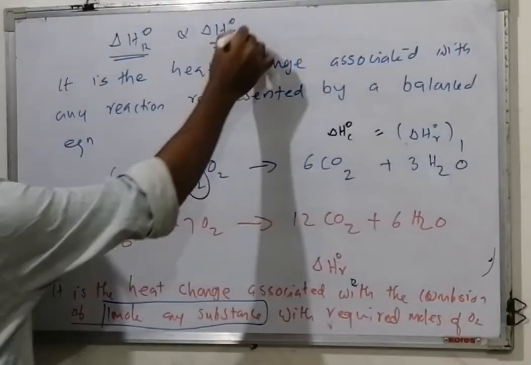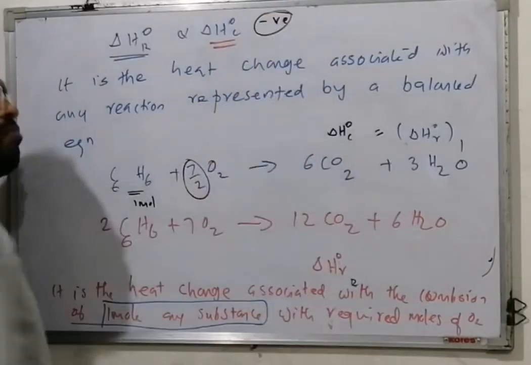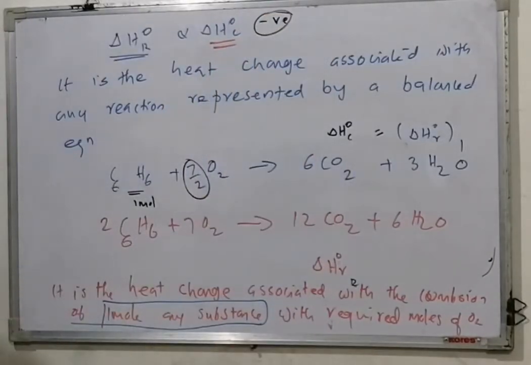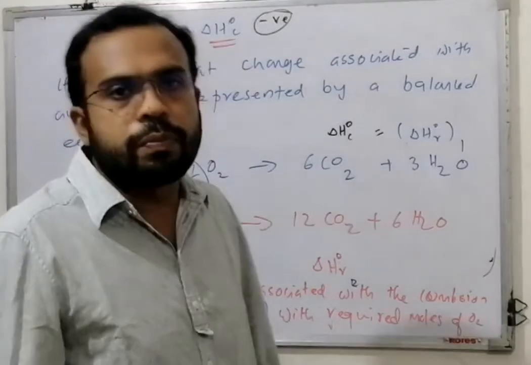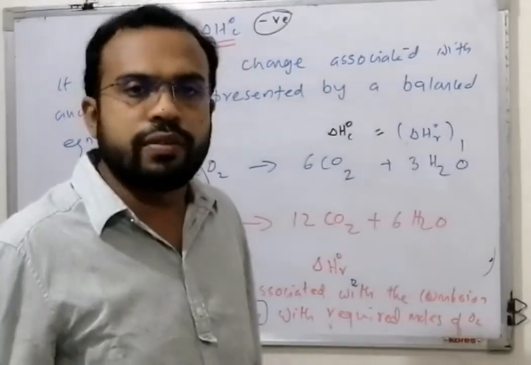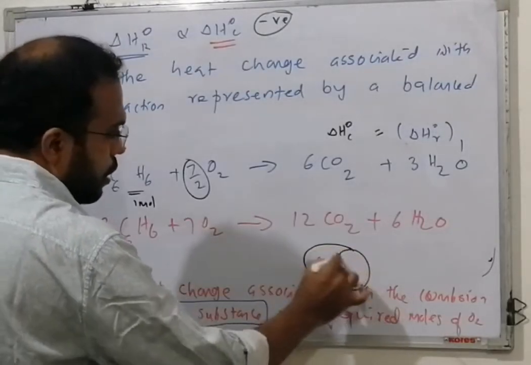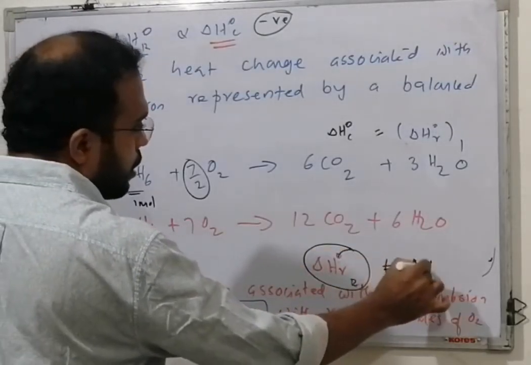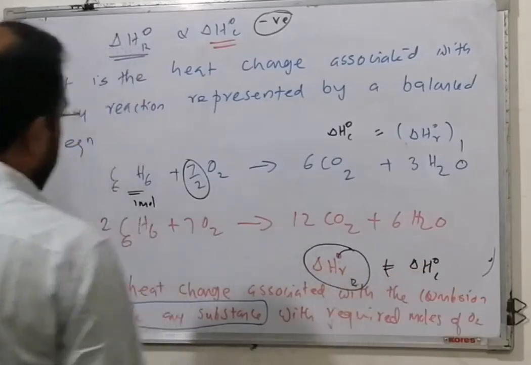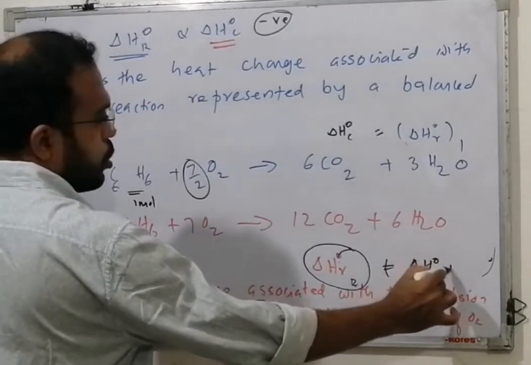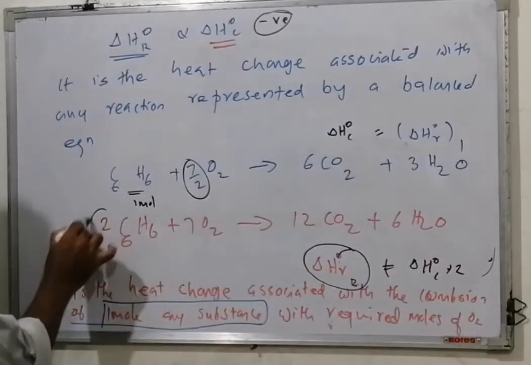All enthalpy of combustions are negative, but enthalpy of reaction cannot always be negative. It can be positive also. But here you have an enthalpy of reaction that is not equal to enthalpy of combustion. I can say this is enthalpy of combustion into 2 because here are 2.